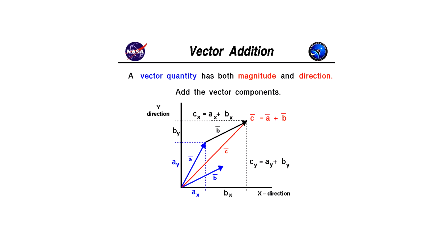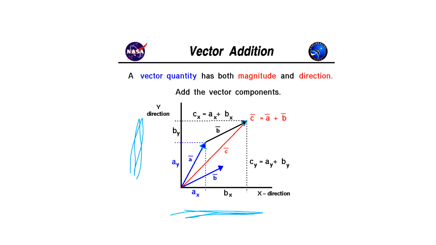Vectors can be added. Vector A plus vector B can equal vector C. We're going to work first just on the positive axes for y and for x. You see here a positive A vector, a positive B vector. They're both going up and to the right, as indicated by the direction, which is the arrowhead.